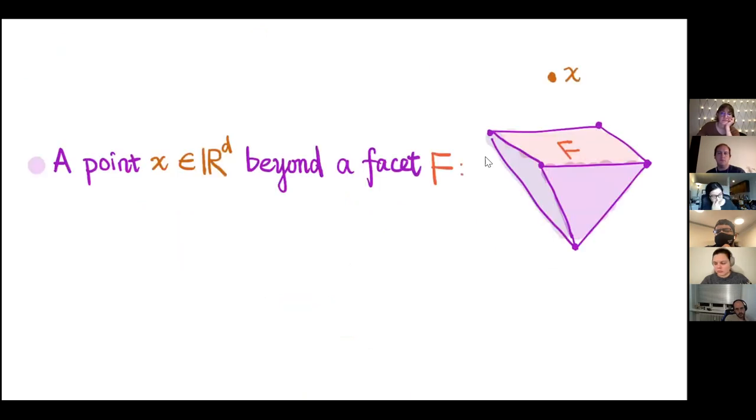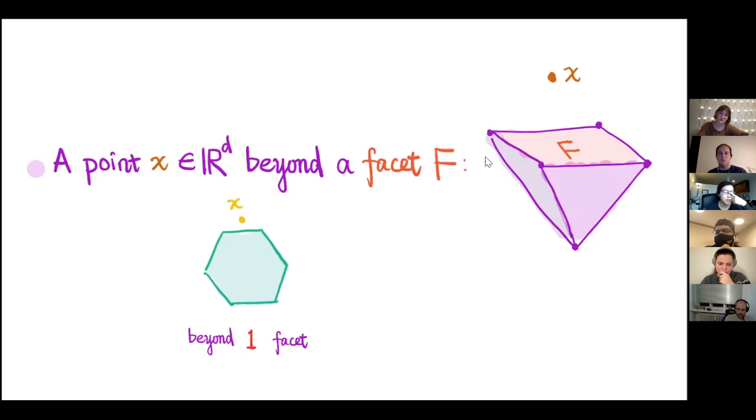And to repeat his construction of those polytopes, I need to define a few more things. First of all, I want to define what it means to say that a point in R^d is beyond a facet of a polytope. From the picture, it looks very intuitive. It is, but rigorously, you use the supporting hyperplane of the facet again. The point is beyond that facet if that hyperplane has that point on one side and the entire polytope on the other side.